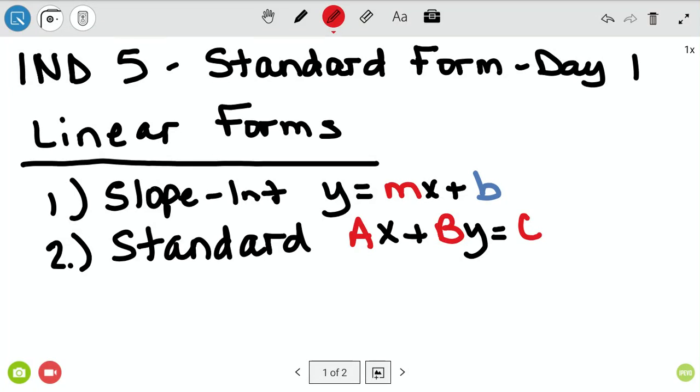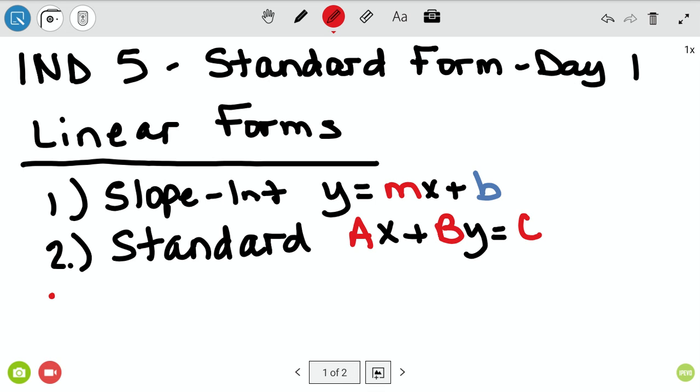And the reason I color code these is because if you'll notice in slope-intercept and in standard, both of those equations, you have a generic x and a generic y. You leave them xy. You don't put numbers in for them for your final answer. You may need to plug in and find your b and all of that. But when you're actually writing the final form of the equation, you leave your x and your y generic. And you have a number in place of a, b, and c.